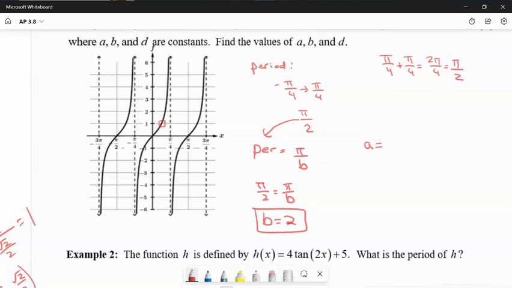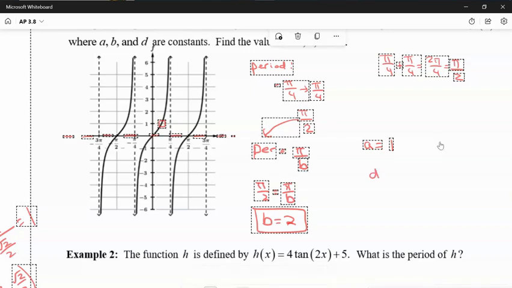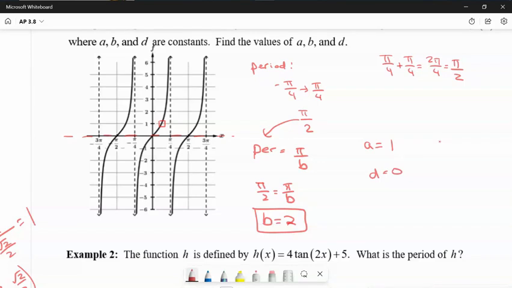So a is equal to 1, and that's what your tangent graph looks like when a is 1. And then also we have a midline, which is that key inflection point where we're changing from concave down to concave up. And so for this one, our d is just equal to 0. All right, and that's it for that problem.